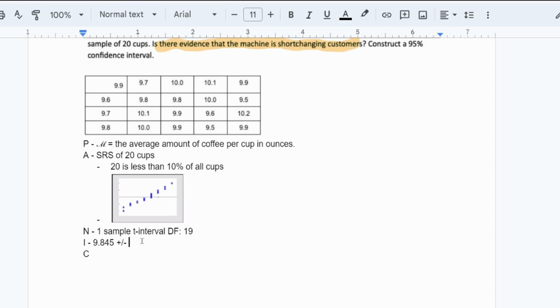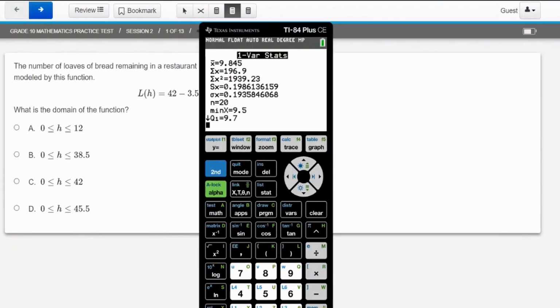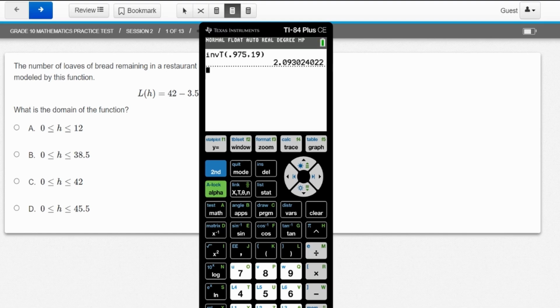That's going to be the critical value, which we're going to need the DF for, and the 95% confidence level. We go here to inverse t, and we put in 0.975 for the 0.975 percentile, and we comma and put the DF, which we know is 19. We will get the t star value of 2.093.